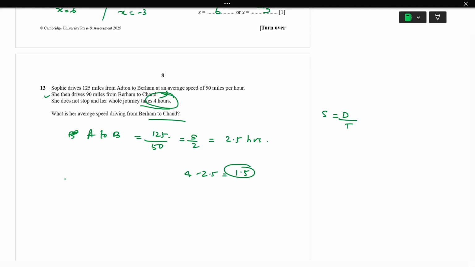So we can find the second average speed. Speed equal to distance over time, which is 90 over the time. We know the rest of the time is 1.5 hours. So 90 over 1.5, which is 60.